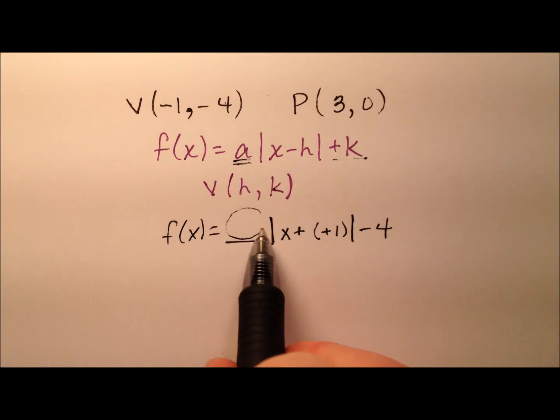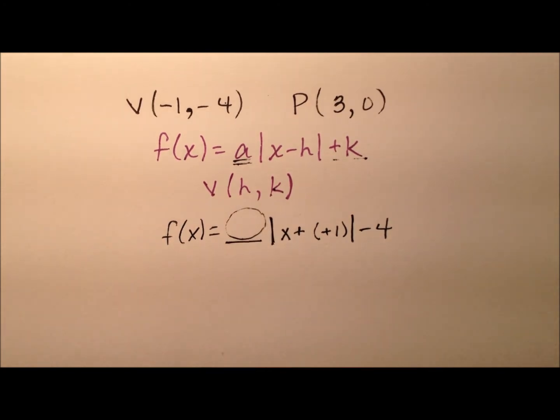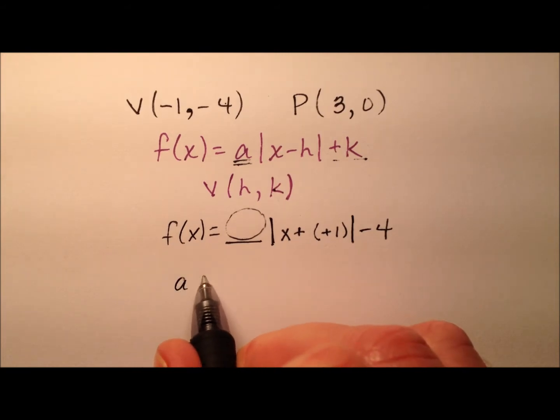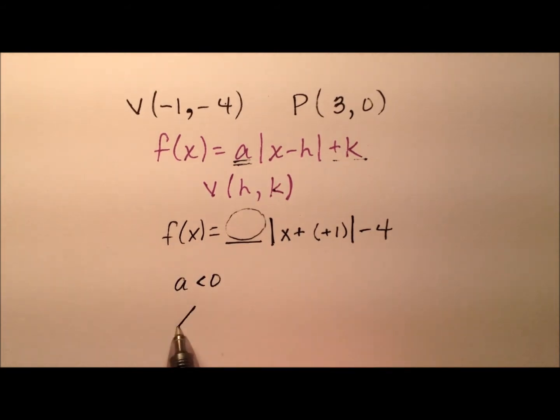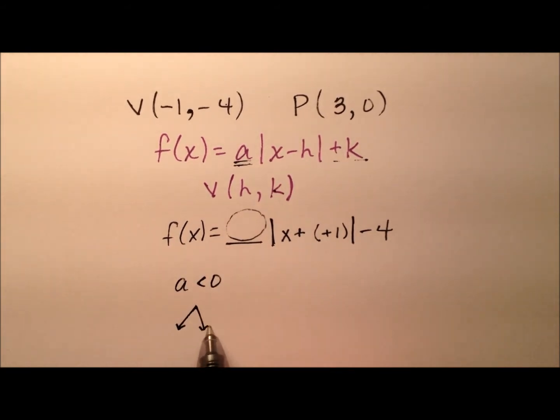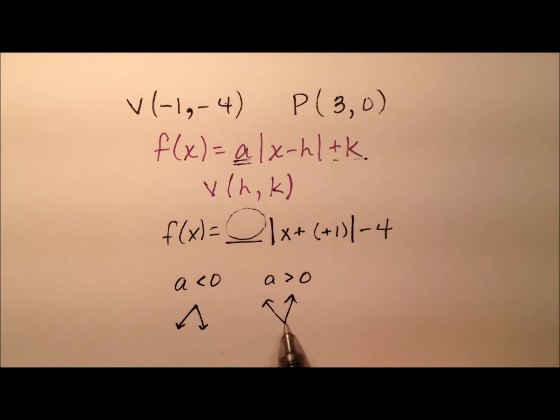So, what does this a value represent, and how can we find it? Well, the a value plays a couple of roles. If a is negative, then we know the graph of the function has been reflected over the x-axis, and it will open downward. If a is positive, then it's going to open upward. When you have a downward opening absolute value graph, the highest point, this maximum, is going to be the vertex.